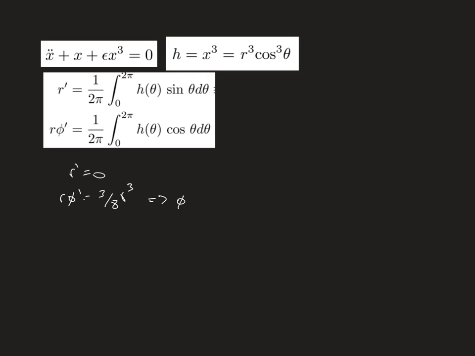So phi prime is equal to 3 r squared over 8. So here we have an equation with respect to the slow time, capital T, and this is an equation for the change of phi, because this is prime. Therefore, we already can have an idea of what is happening with the frequency.